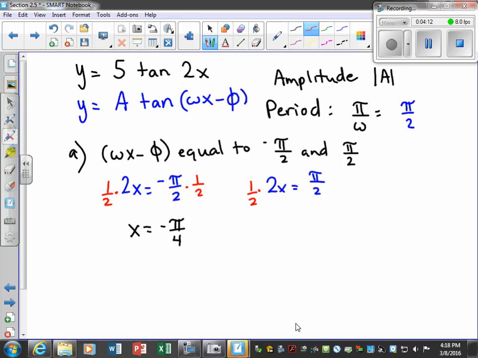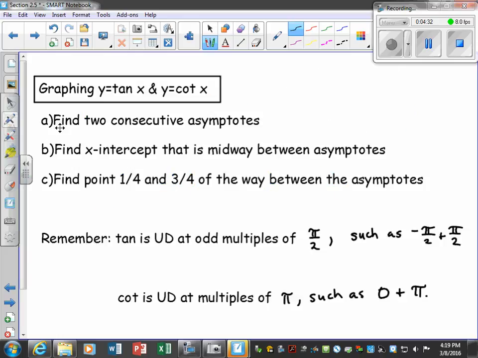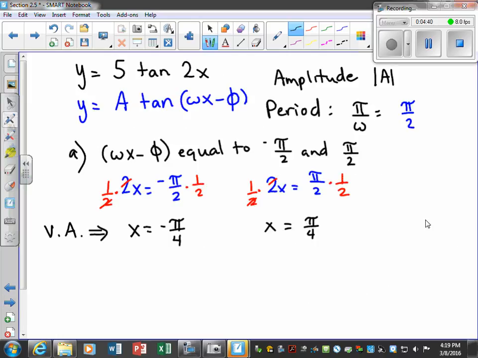Multiply by the reciprocal so that these 2's will cancel, and we're left with x is equal to pi fourths. Okay, so we have vertical asymptotes at negative pi fourths and positive pi fourths. That was our part A, find two consecutive asymptotes. Part B is find an x-intercept that's midway between the two asymptotes. Okay, so we'll do part B here.